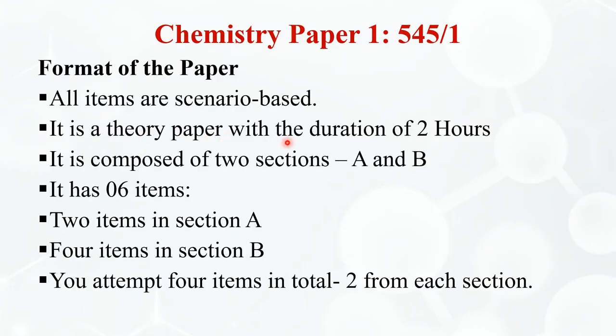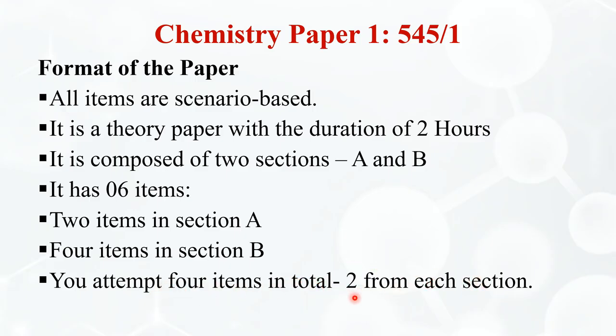Then it is a theory paper with a duration of 2 hours. It is only 2 hours, and it is composed of 2 sections, A and B, with 6 items. So 2 items in section A, and 4 items in section B. The last point here is that a learner is supposed to attempt only 4 items in total, 2 from each section.